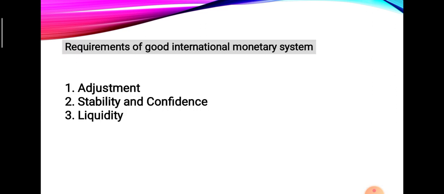So there are requirements of a good international monetary system. First is the adjustment. A good system must be able to adjust imbalances in balance of payments quickly and at a relatively lower cost. So of course, we need to balance para maayos at hindi magkagulo. Next, stability and confidence. The system must be able to keep exchange rates relatively fixed and people must have confidence in the stability of the system.